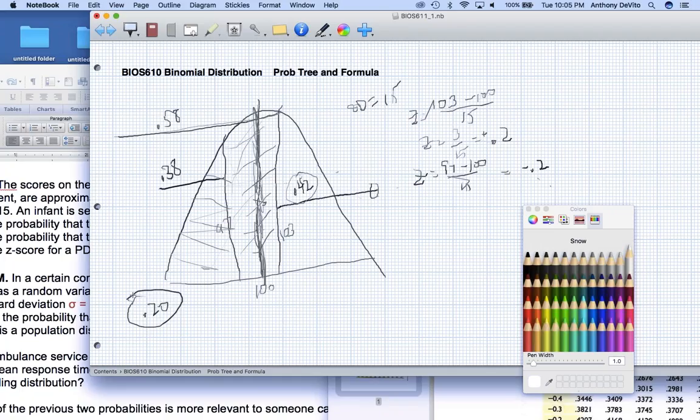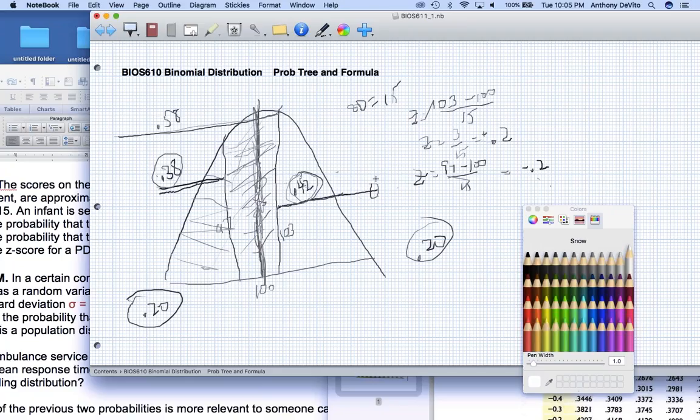Probability is 0.20. The other way I could do this is say, oh, well, this area from here down is 38%, and I previously calculated the area above here is 42%. Add them together, that's 80%, and what's left is the area in here, or 20%. So either way, this will work out for us.